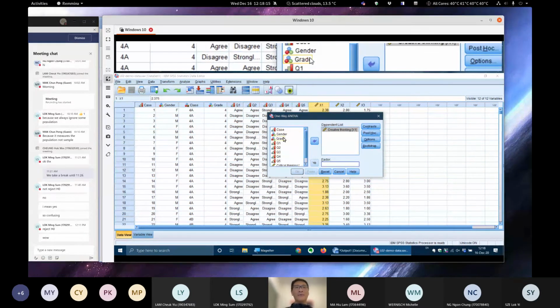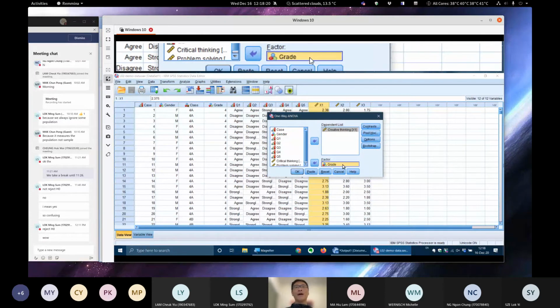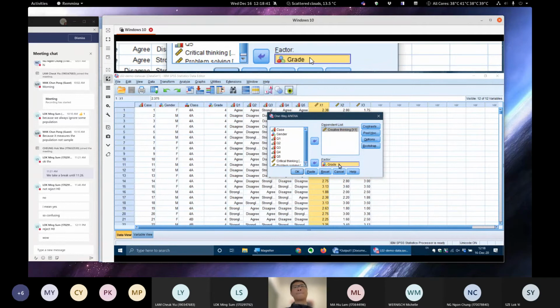Now, in this case, we put the grade variable into the factor. Now, this time SPSS is smarter. It does not ask you for the labels representing the different groups. Instead, it will determine the different groups automatically.